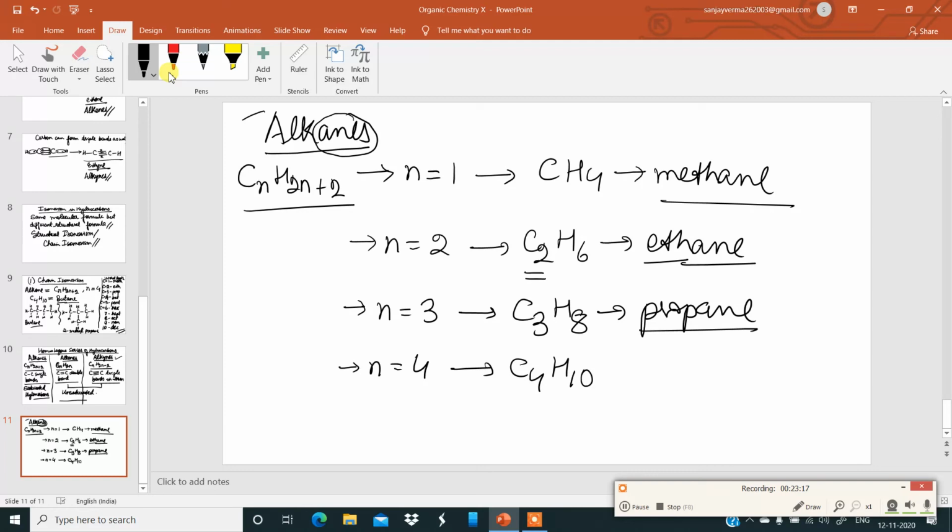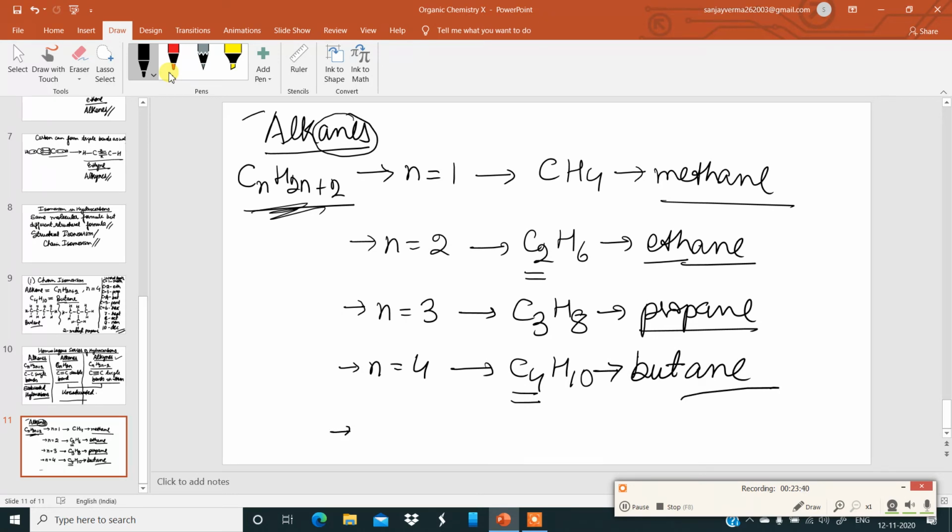C4H10. Just put the value of n in this formula and you will get the molecular formula. Depending upon the number of carbon atoms present in this hydrocarbon, use the word root for the corresponding number of carbon atoms and write down the name. So 4 carbon atoms, word root is but, and you write ANE: butane.